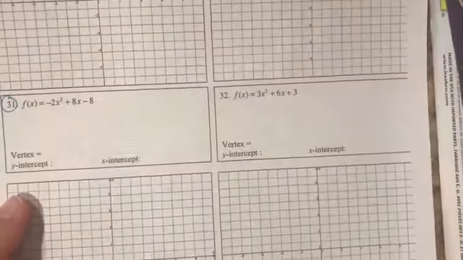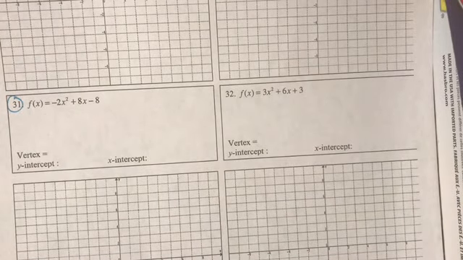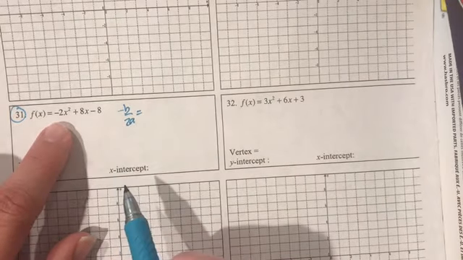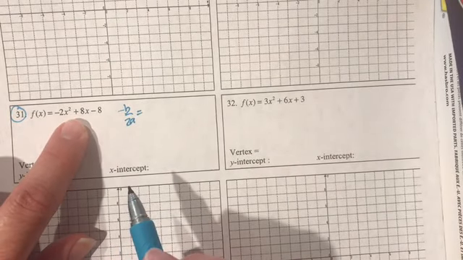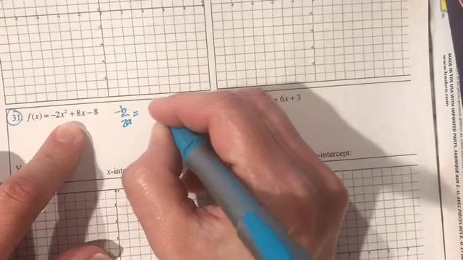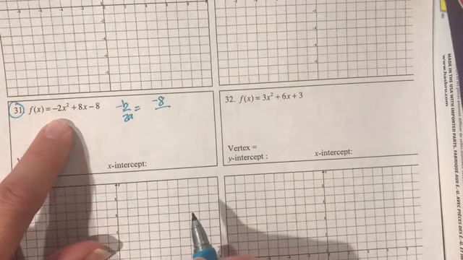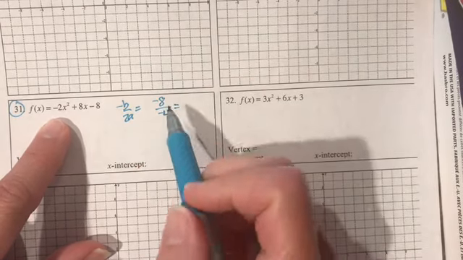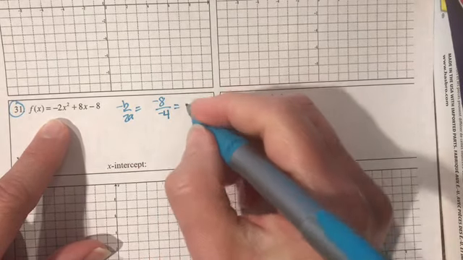All right, so see if you could get this one started and think about negative b divided by 2 times a. a, b, c. Negative 8, divided by 2 times negative 2, negative 4. Negative 8 divided by negative 4 is positive 2.